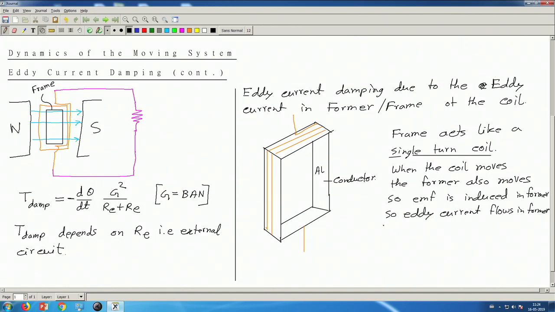Thus a torque is developed which opposes the angular velocity.